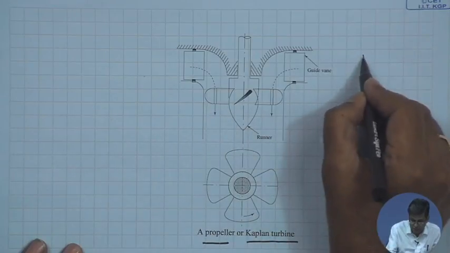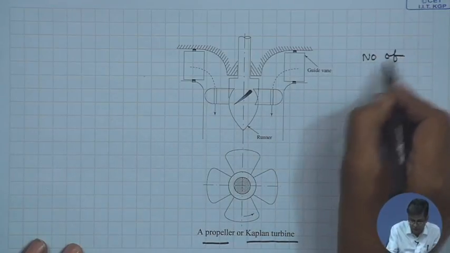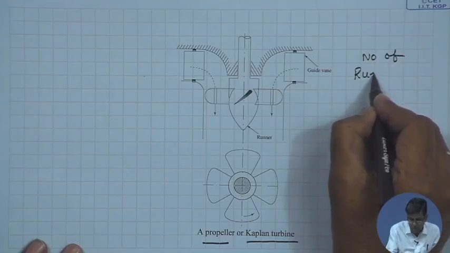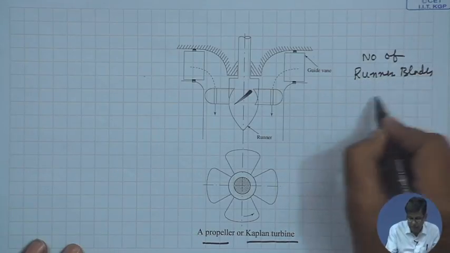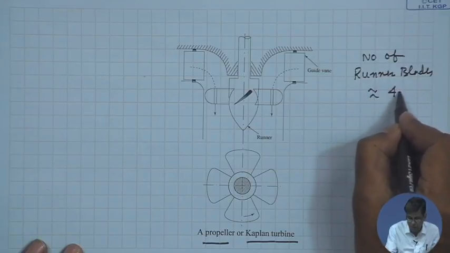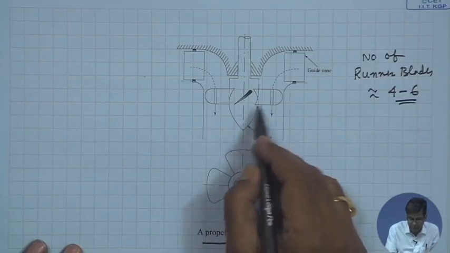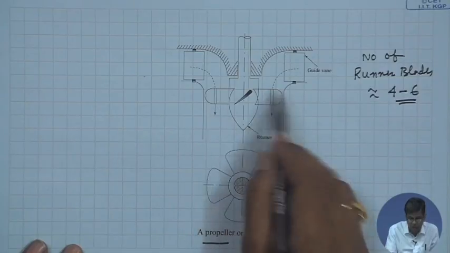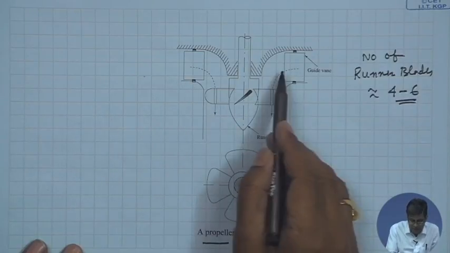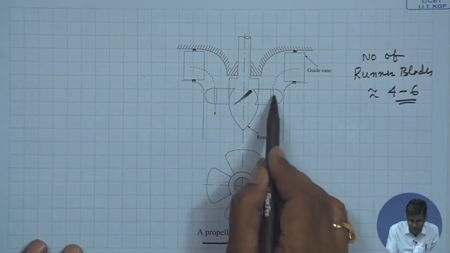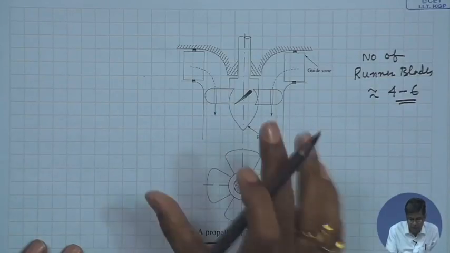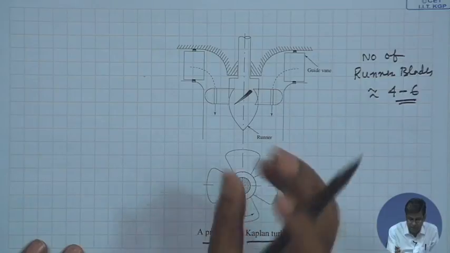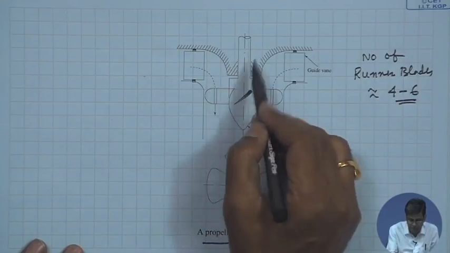The number of runner blades is usually limited to 4 to 6, and it provides a huge normal area of flow. Now, these are the guide blades, and this entire runner looks like the propeller of a ship, and rotates in this direction in a horizontal plane, with the shaft vertical.